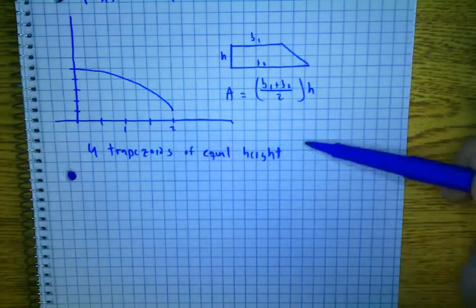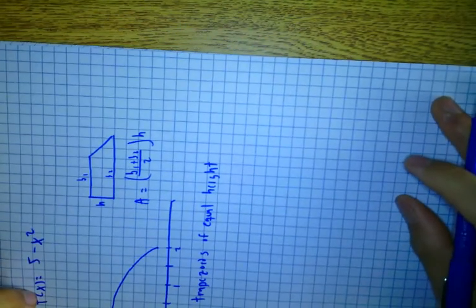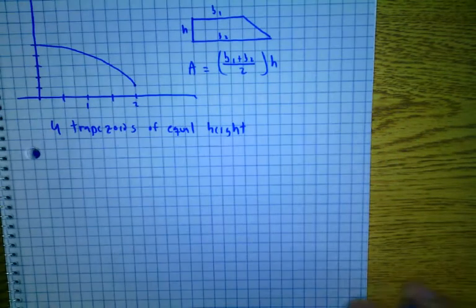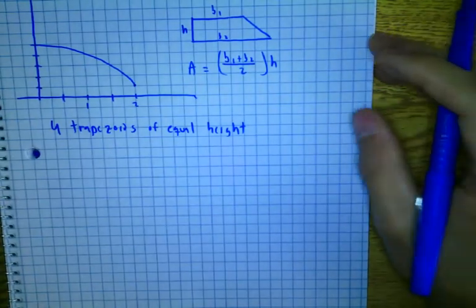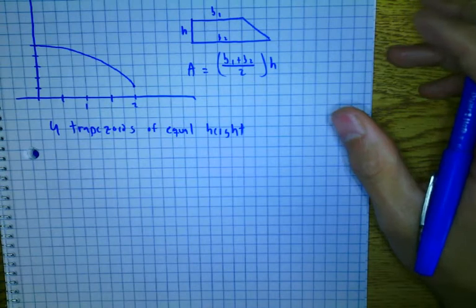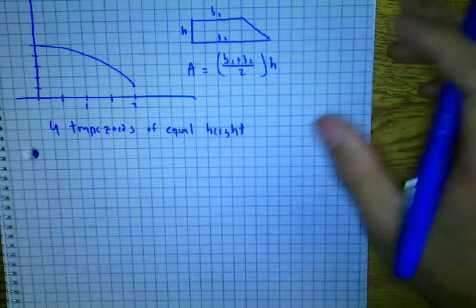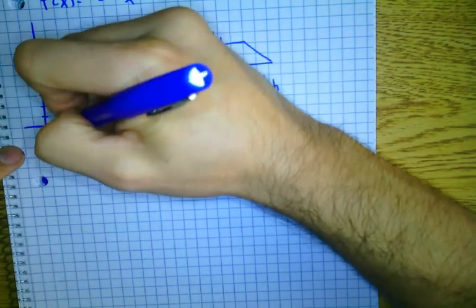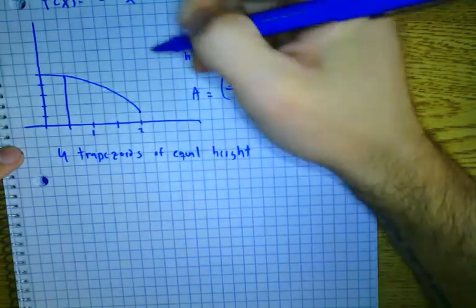The reason why I'm saying of equal height is because your trapezoids then are going to look like this when you build them. Your height is what you're going to be using at the bottom. You guys with me? Okay. So if I'm asking you to use 4 trapezoids of equal height, then you're going to be doing the same thing that we did. It's going to be 1/2, 1/2, 1/2, right? So here's all you do. This is the cool thing about it. At 1/2, you go up to the curve.